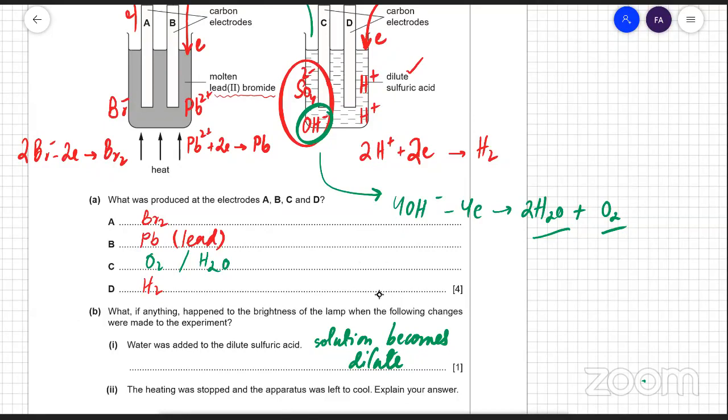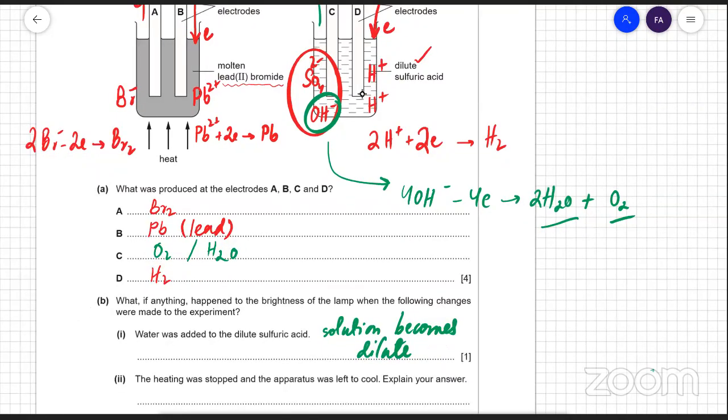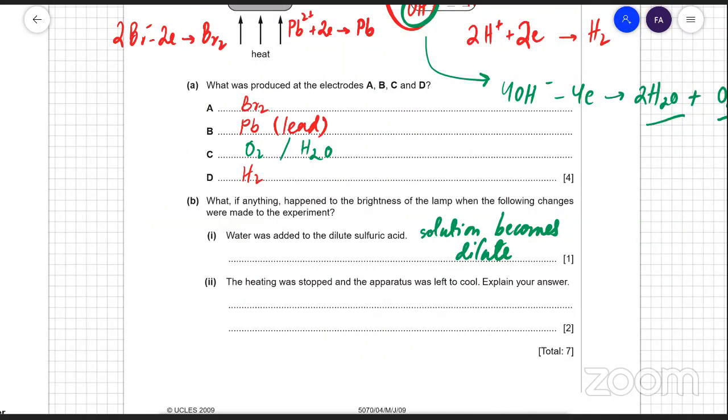If the solution becomes dilute, there would be fewer ions, there would be more water. That would indicate that the brightness would decrease because there would be less charge carrying. So the brightness of the lamp is going to decrease.